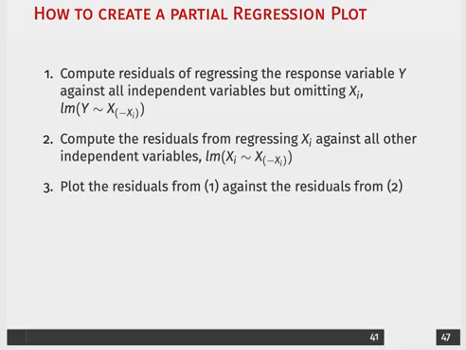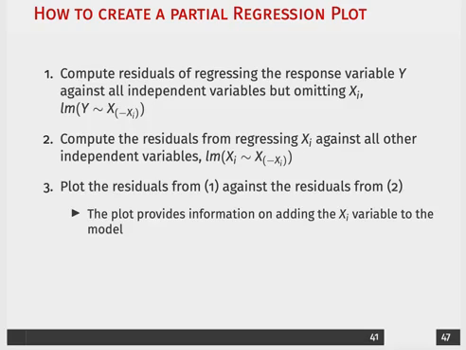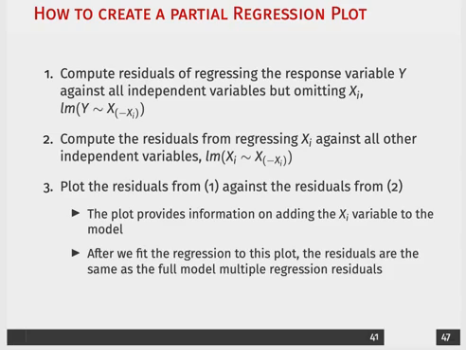Then we're going to plot the residuals from the first part against the residuals from the second part. This is going to provide us information on how adding that first covariate to the model impacts the fitted regression. After we fit the regression to this plot, we add in a fitted line.